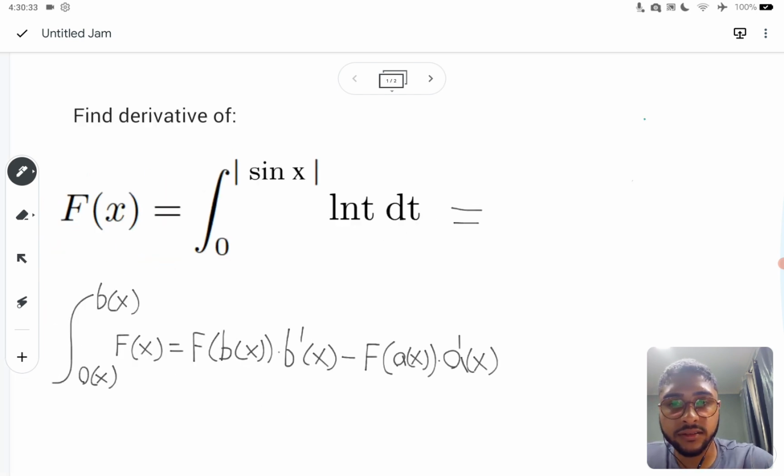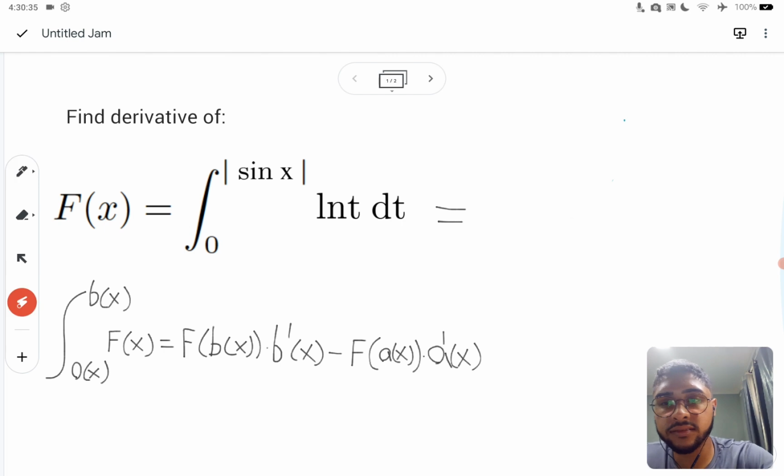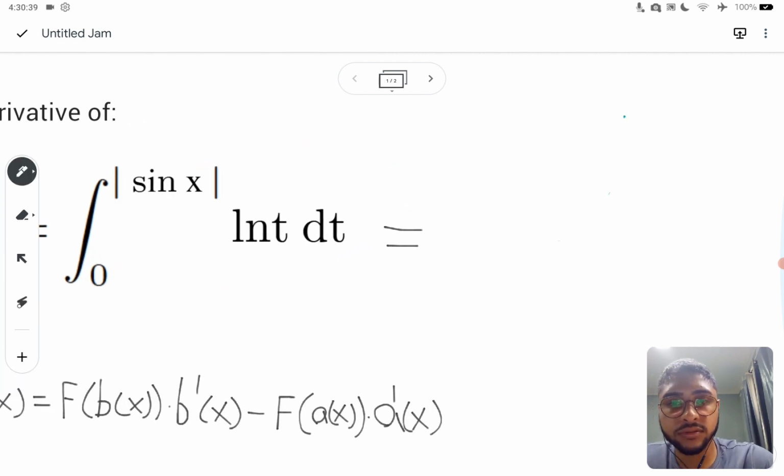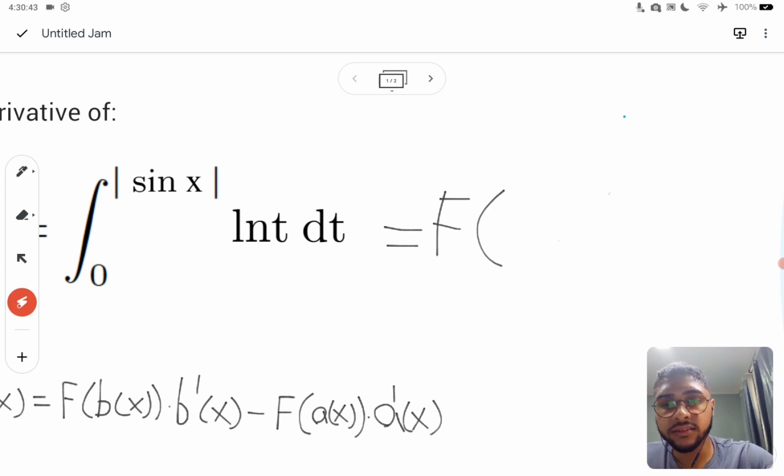Using the formula, we can say that this whole thing is equal to f of b(x). Here my b(x) will be the modulus of sine x, right? And I forgot to say, our f function will be ln t.